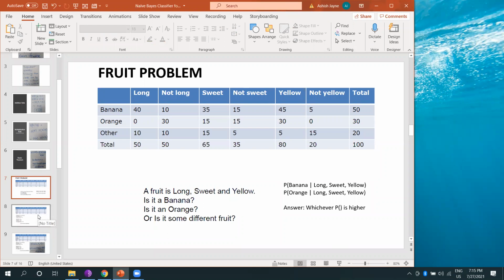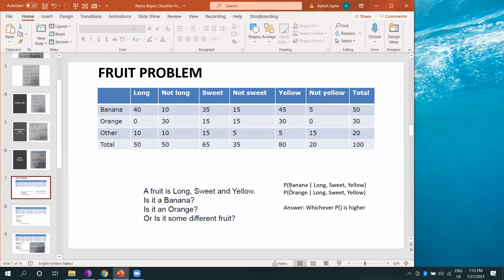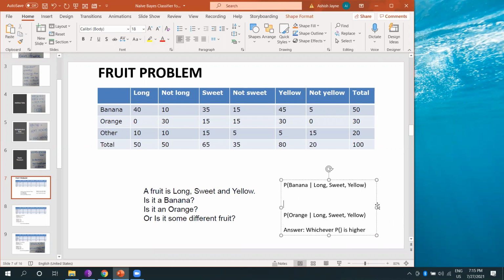Now, the way to answer this P(banana given long, sweet and yellow), how do we expand this? Using the Bayes equation.